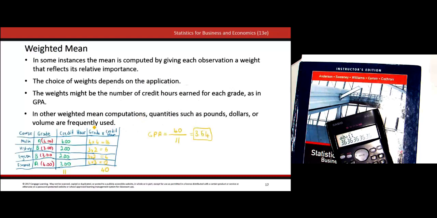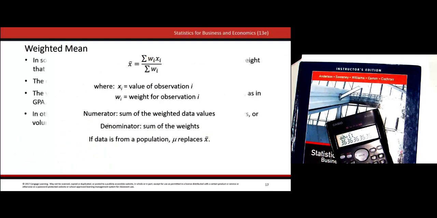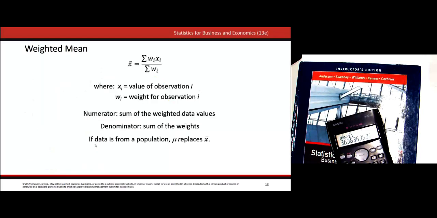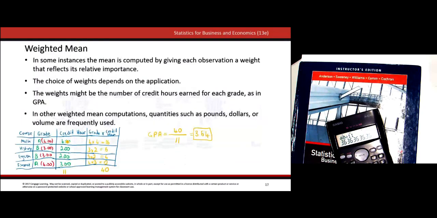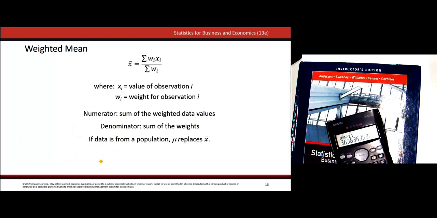This is what we did here. Weight, credit hour, times the observation, grade. We add them up, got 40, divided by sum of the weights, which is the sum of the credit hours. This is how we calculate the weighted mean. And the choice of weight depends on the application.